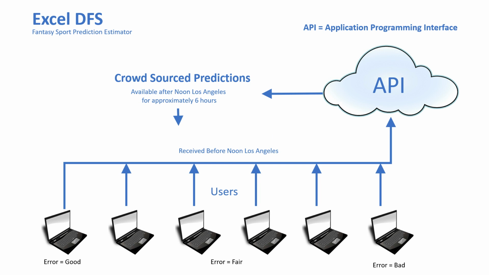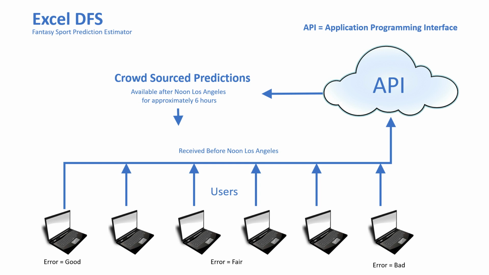You just press a button to share your predictions, and if the API considers them to be, after a certain period of time, a reliable source of data, any future predictions that they share before noon Los Angeles time have a very good chance of being incorporated into the crowdsourced prediction data set that is returned to the network.